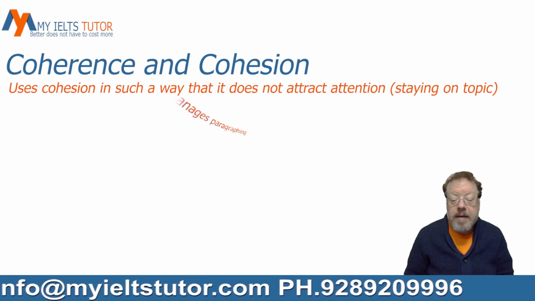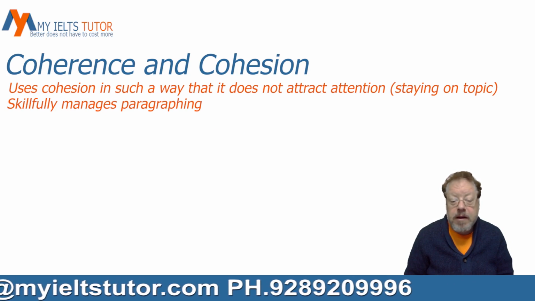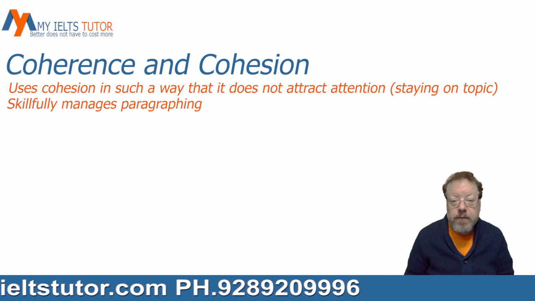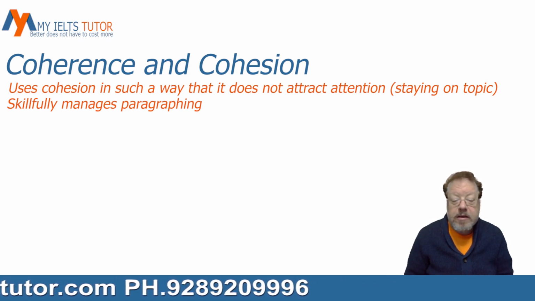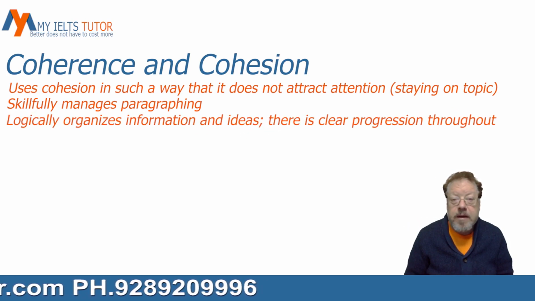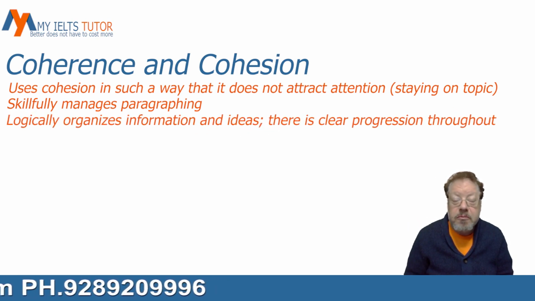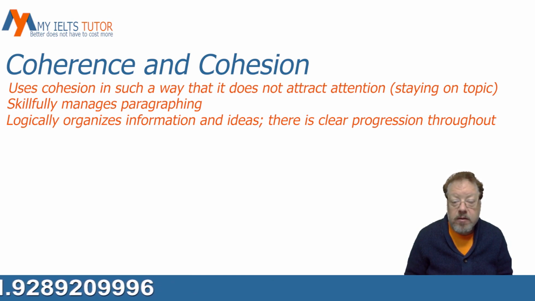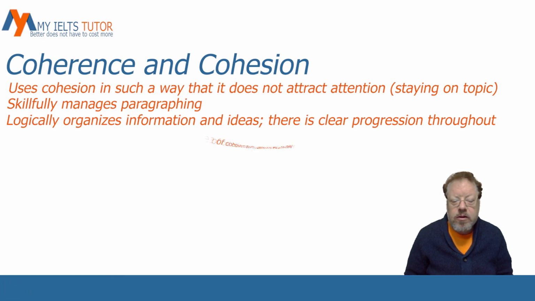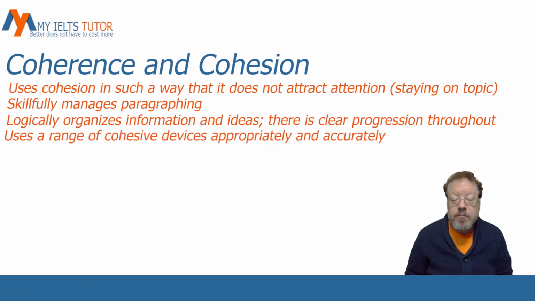Then skillfully managing paraphrasing. This means you need to paraphrase the topic. And then you logically organize the information and ideas. There's a clear progression throughout your ideas. And this is usually through paragraphing. And then you use a range of cohesive devices appropriately and accurately. And so I just talked about that.